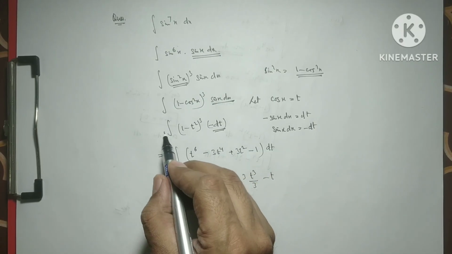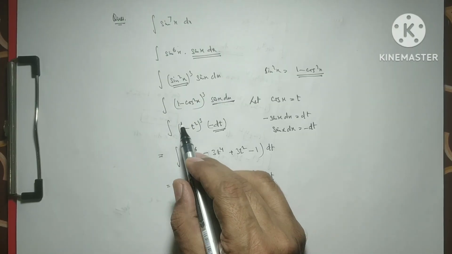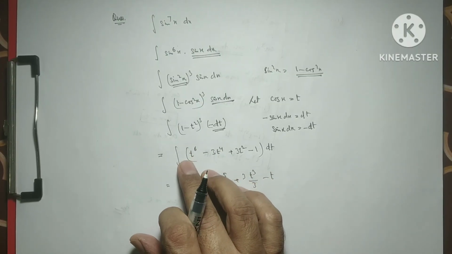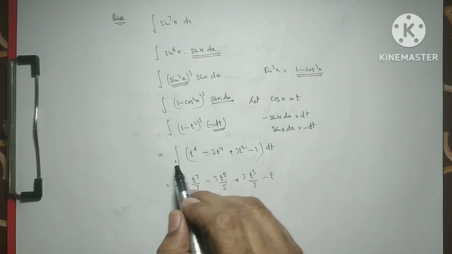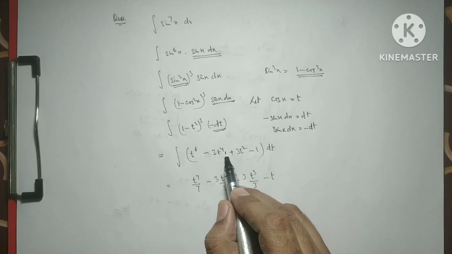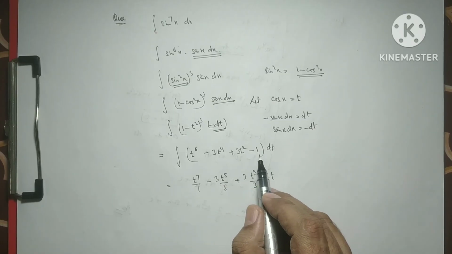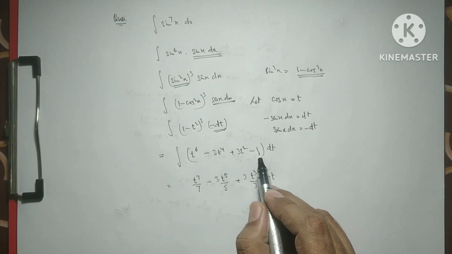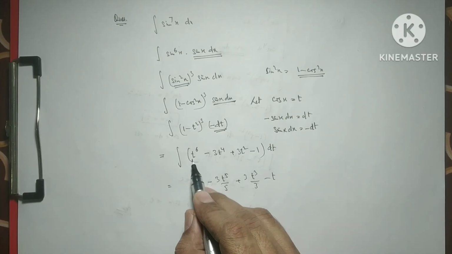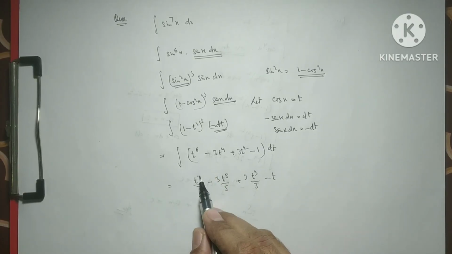Right now minus comes outside, and when we expand this and adjust this minus, we get t to the power 6 minus thrice t to the power 4 plus thrice t square minus 1 dt.